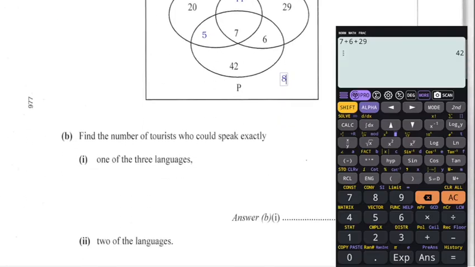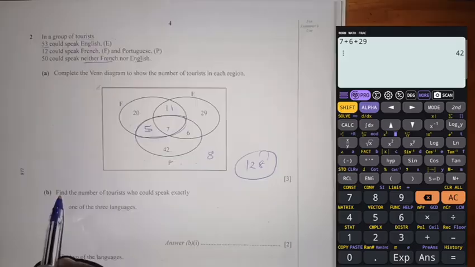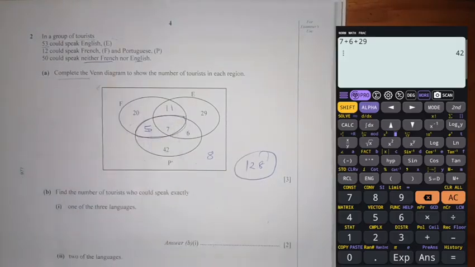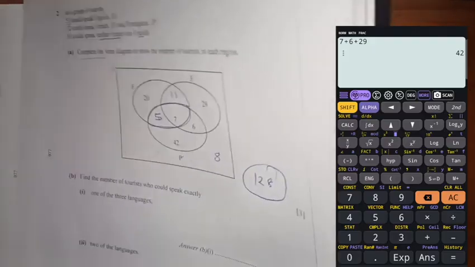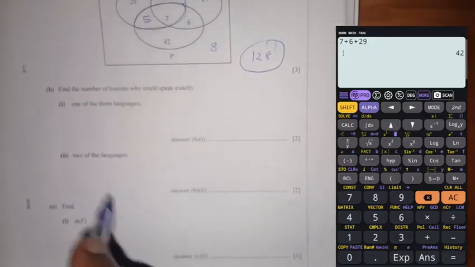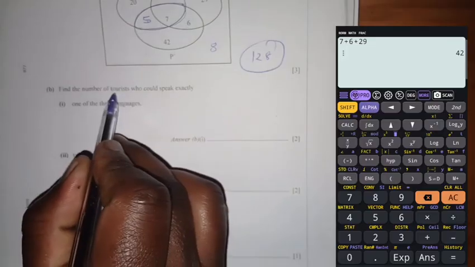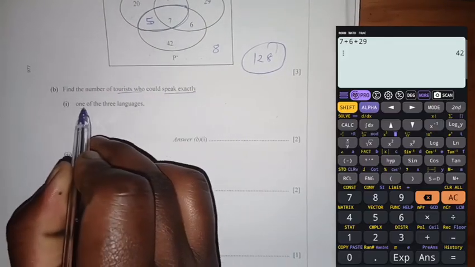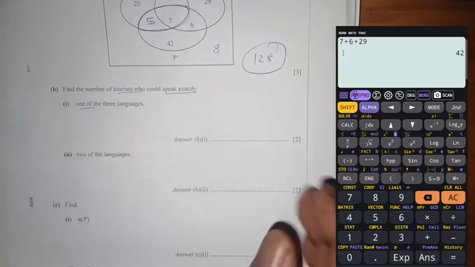Now let's go into the equation. The first one was requiring us to complete the Venn diagram, which is what we've just done. And then the next question here, find the number of tourists who could speak exactly one of the 3 languages.